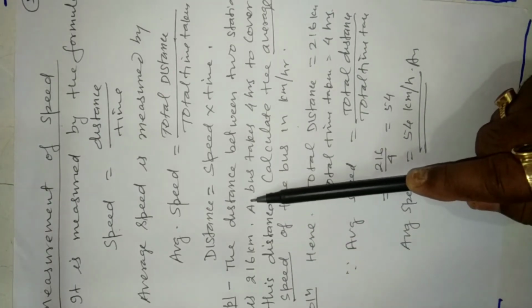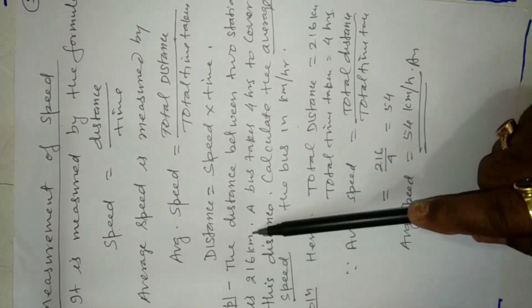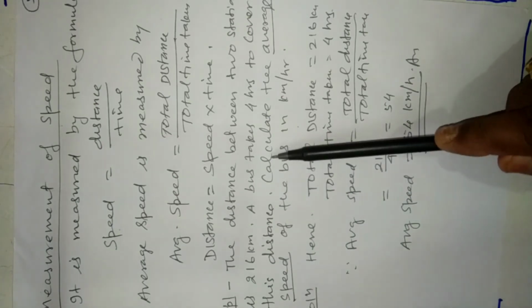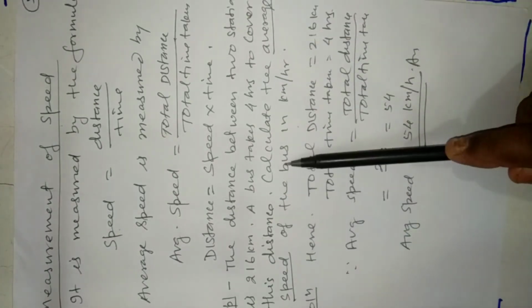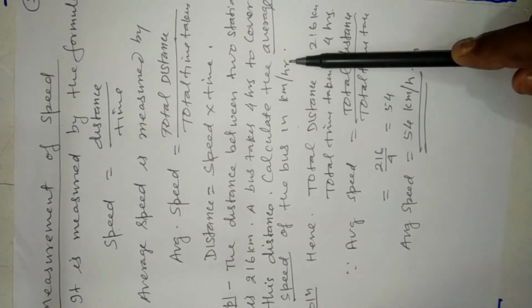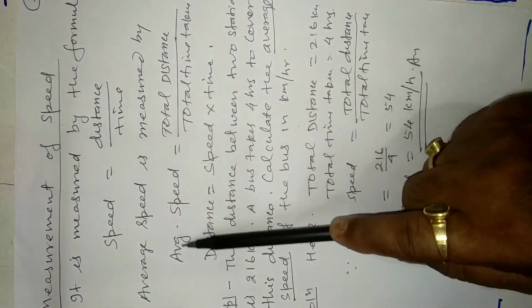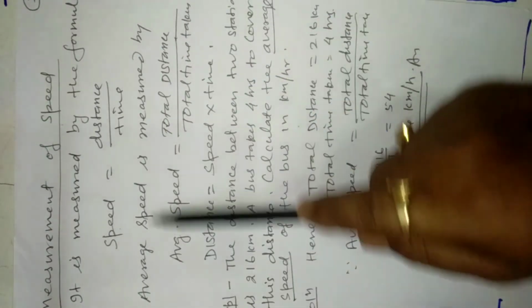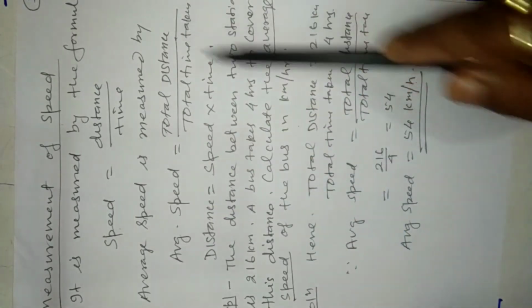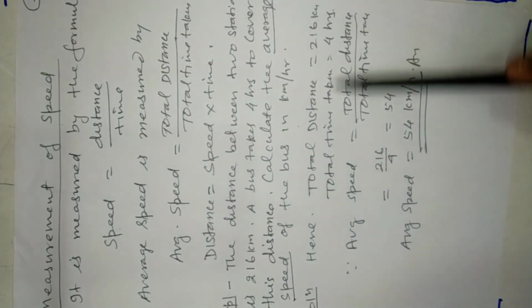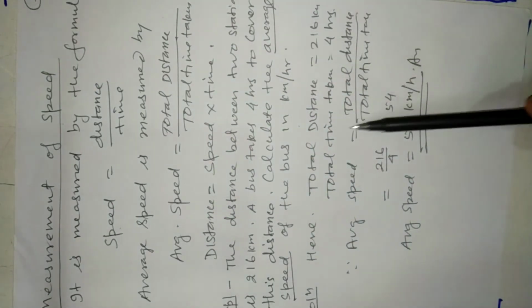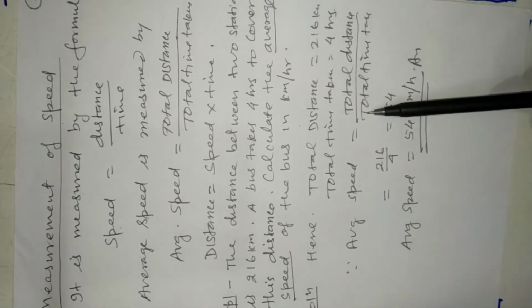A bus starts from one point and covers this distance in 4 hours. We have to calculate the average speed of the bus in kilometer per hour. So we have to calculate the average speed, and we will use this formula: average speed is equal to total distance covered divided by total time taken.